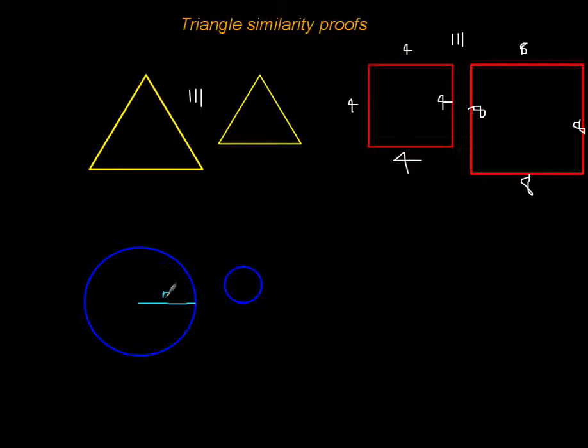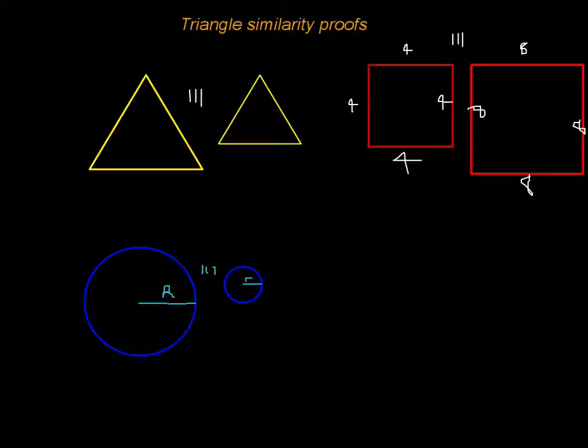This can be bigger, and this one is smaller. But as you can tell, this circle here seems to be a scaled up version of this one here. I think they're just too big there. These two shapes are similar to each other.